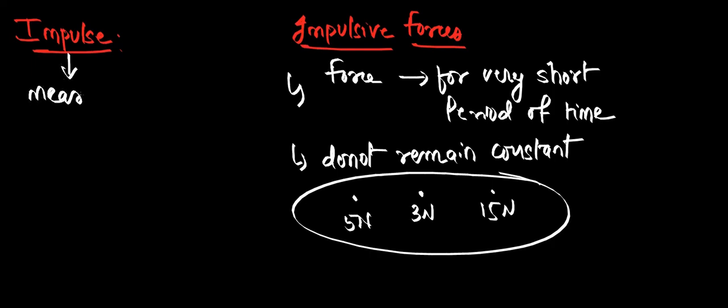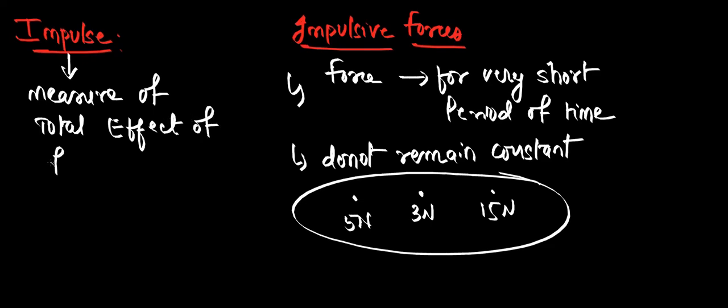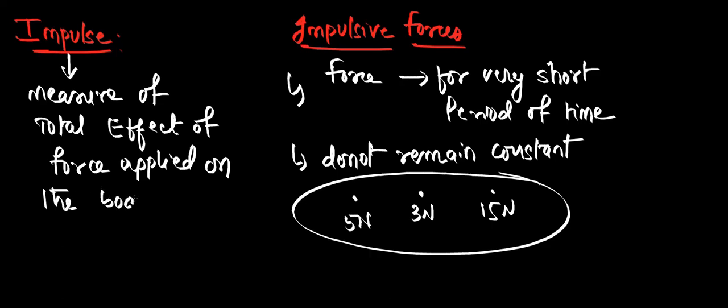Impulse is a measure of the total effect of force. We are taking, from a particular point throughout the journey, what is the total effect of force applied on the body.